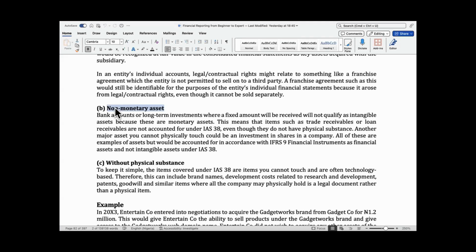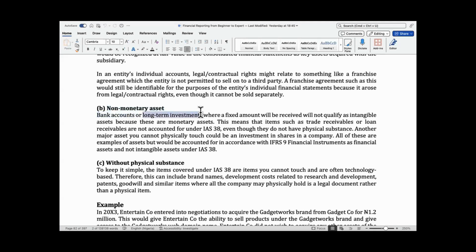So when we say something is monetary, it means you are getting back a fixed amount of money. Monetary assets is any item where you're going to get a fixed amount back. You know how much you're getting back. Like the money you have in your bank account, for example, you know how much you're getting back.